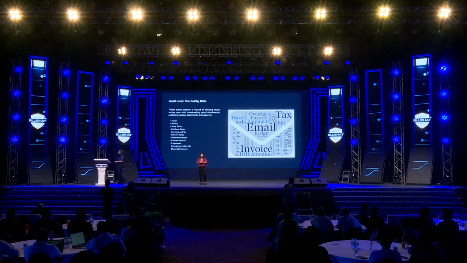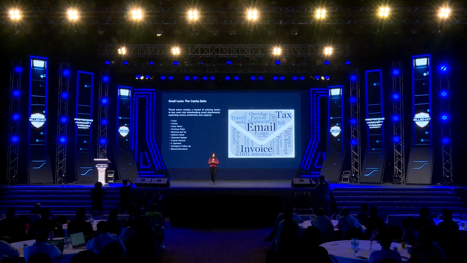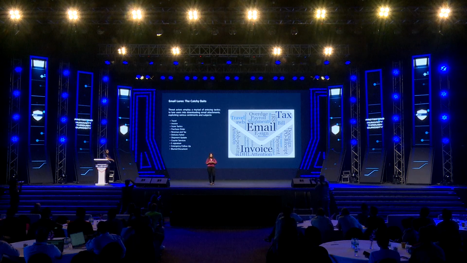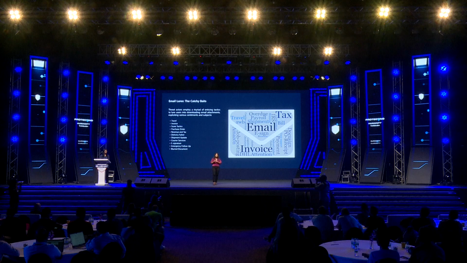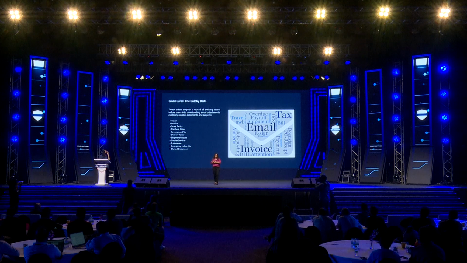So, email lures. Phishing emails have an array of deceptive tactics that the attackers use for malware infiltration. These deceptive tactics involve travel, invoice, some fake purchase order, some emergency follow-up messages, and blurred documents.